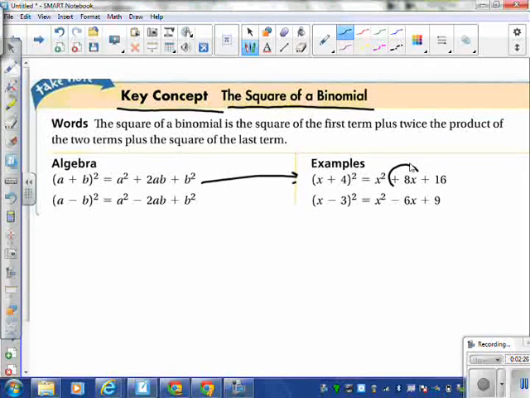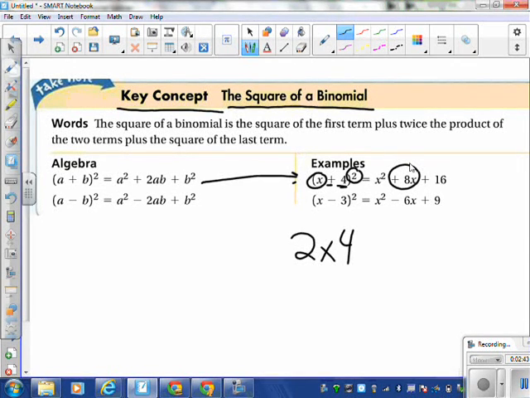And how they got the 8 is they take the plus sign, move it over there, but they take this 2 and put it with the x and the 4.